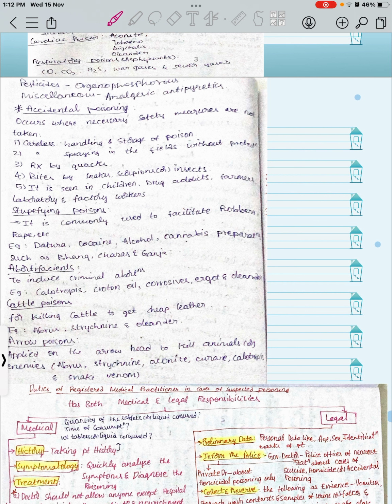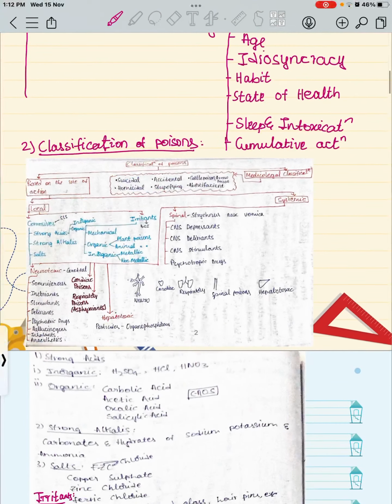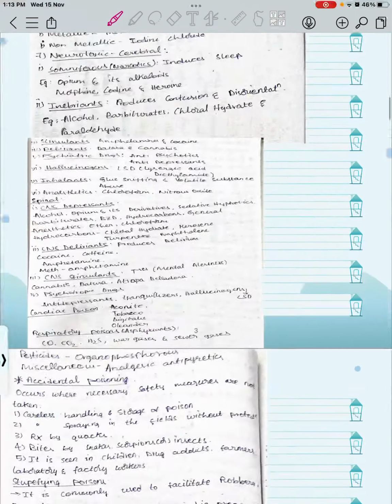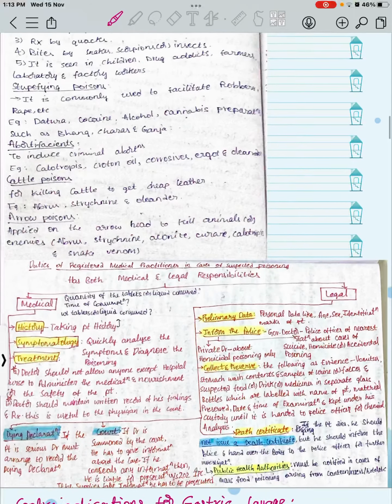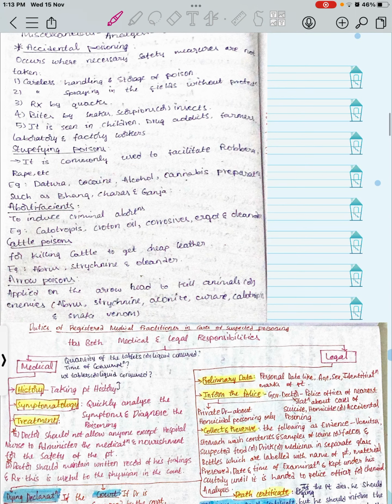Accidental poison. So now the classification, which is based on the site of action, is completed. Now let us discuss the classification which is based on medico-legal reasons. They are accidental. Accidental poisoning occurs where necessary safety measures are not taken.